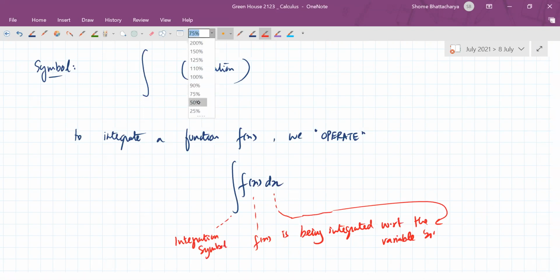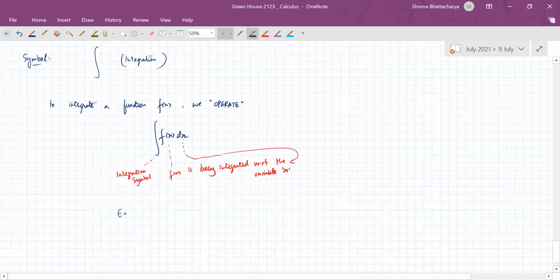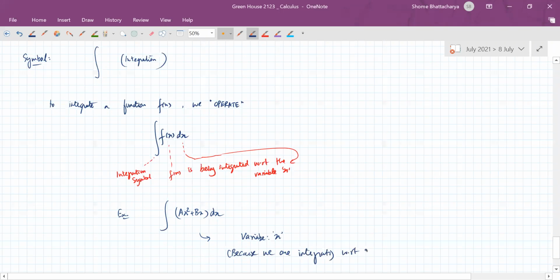So for example, if we write the integration of, let's say, ax square plus bx with respect to x, it is understood that the variable of integration is x, because we are integrating with respect to x. So it's an implied thing that a and b must be constants.